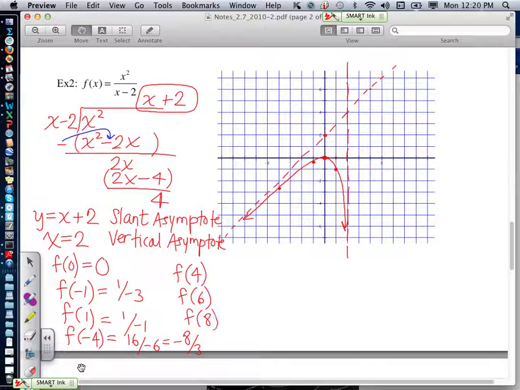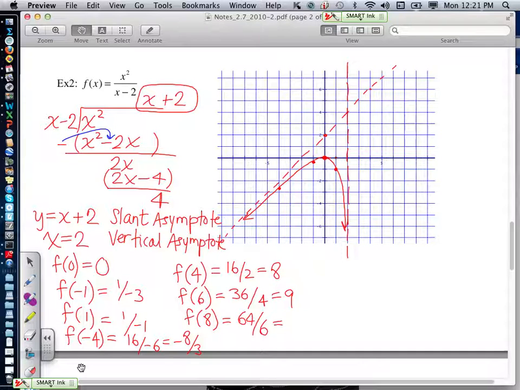So f of 4 is going to give me 16 halves, or 8. And then f of 6, that's 36 fourths, or 9. And then f of 8 is going to be 64 sixths, and that's something a little bigger than 10. That's kind of taking me off my graph, but let's see what we got.